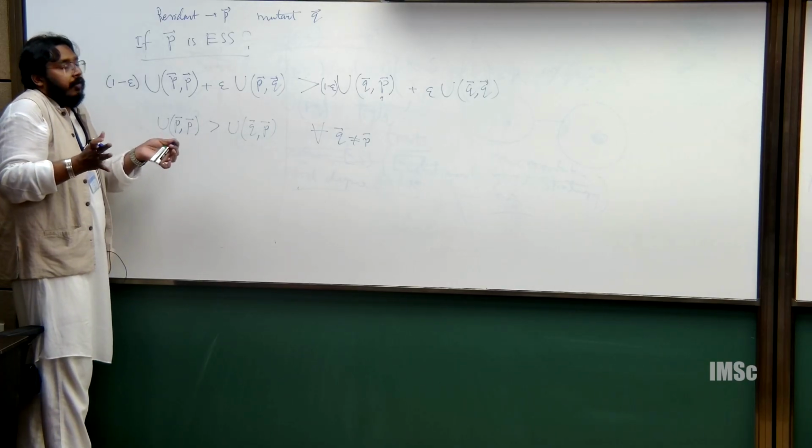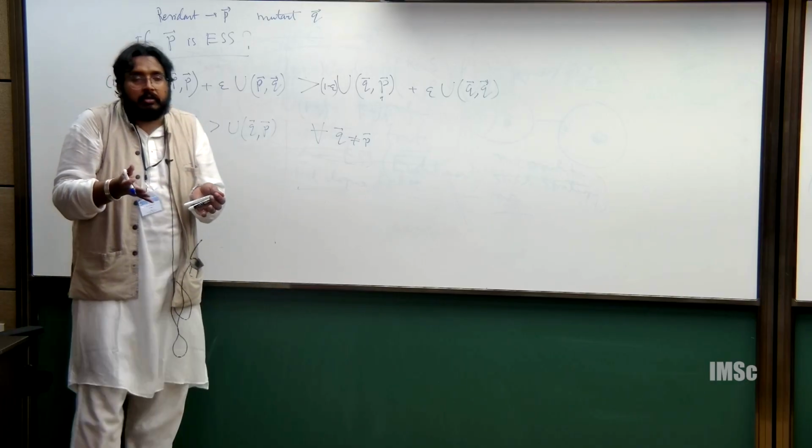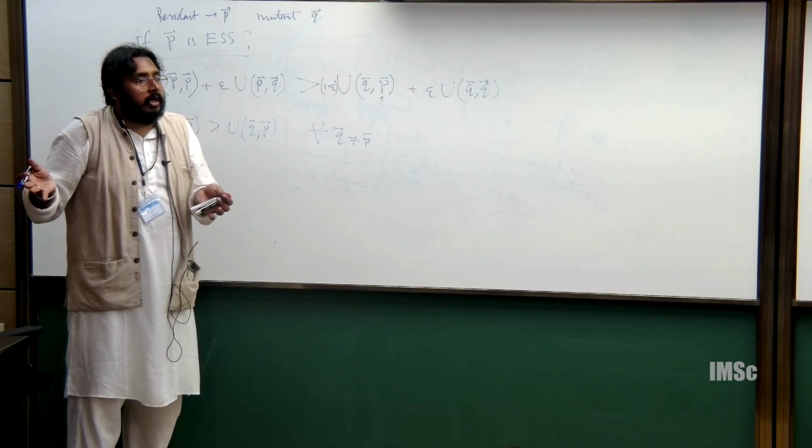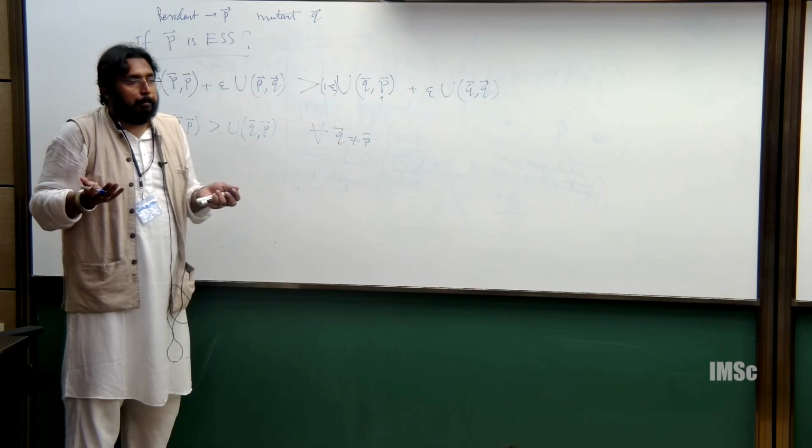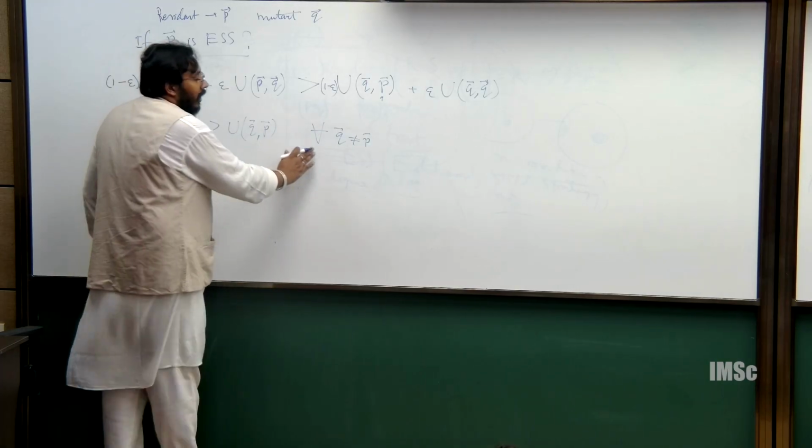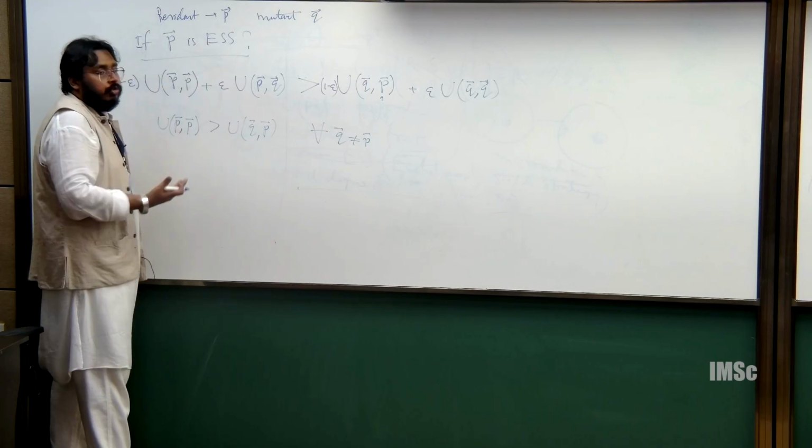Because if I am resistant towards a certain mutant, but not against some other mutant, I am still going to get killed away. So for all Q not equal to P, this has to be true.